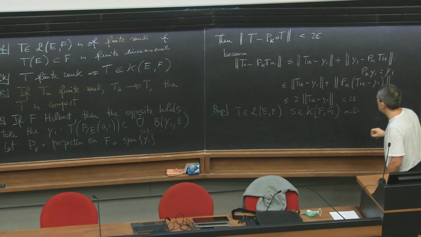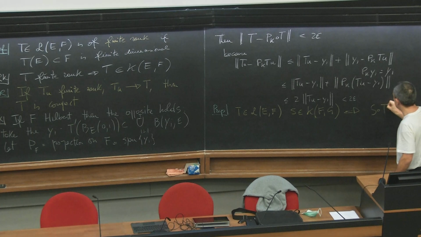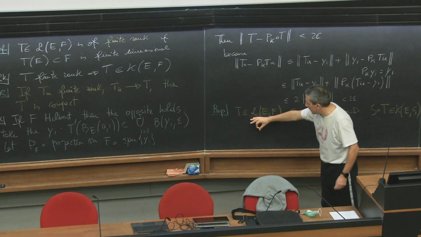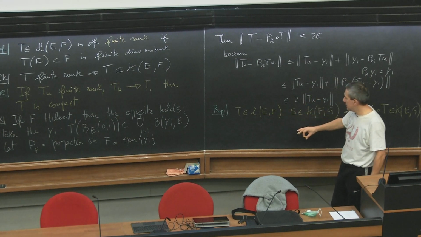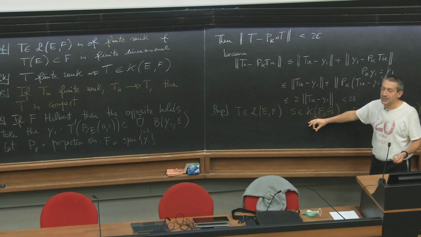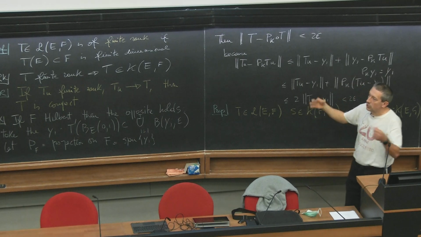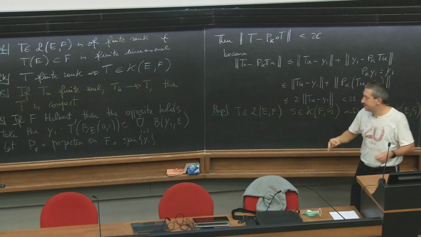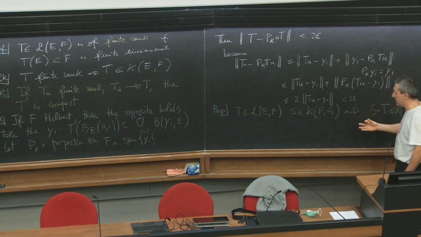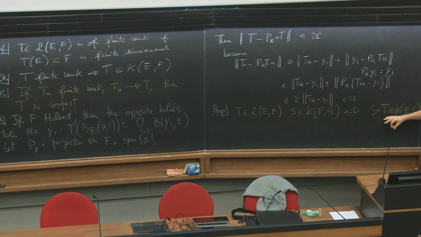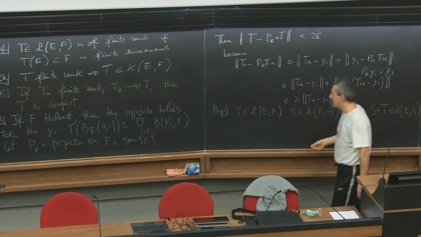Then S composed with T is compact, which is immediate because the image of the unit ball is a bounded set, and the image of bounded sets, okay, this definition is stated for balls, but clearly by linearity it holds also for any bounded set. So the image of a bounded set is pre-compact, and so the image through this one is pre-compact. And then you have the other case.